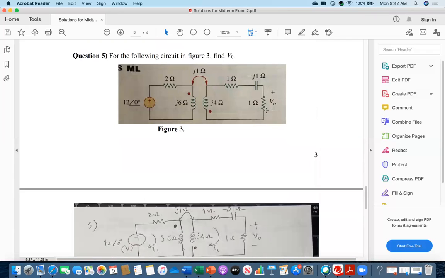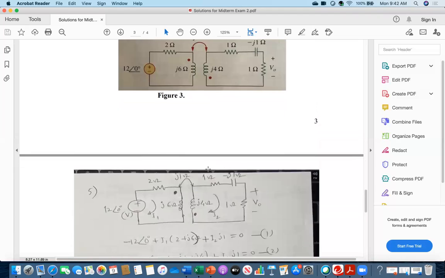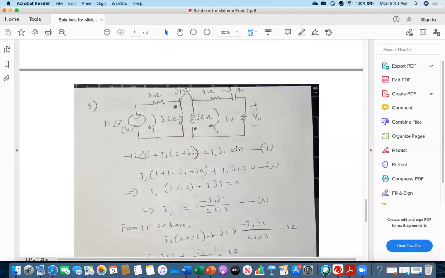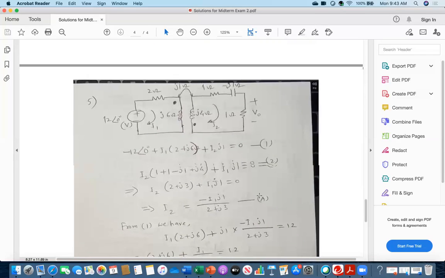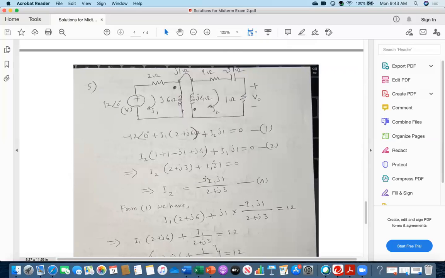Now the last question was, for the following circuit, find V0. If you can find the current for this loop, for this portion, then that current multiplied by 1 will be your V0. So once again, I wrote down the equation for this loop and for this loop. From equation 2 I found the value of I2, which is this one.